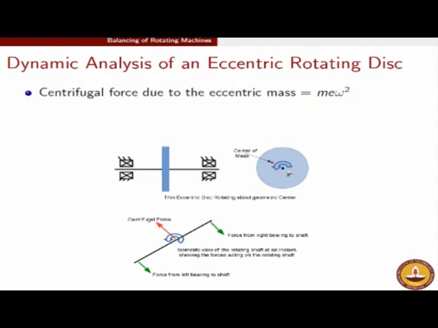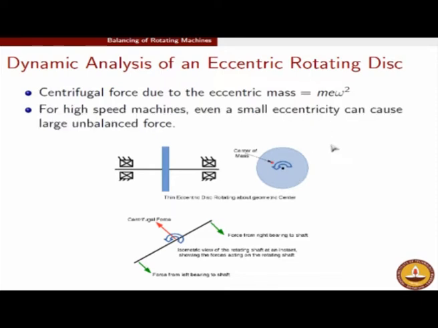So e is the distance between the center of mass and the geometric center. So the centrifugal force, because of this mass which is lumped at the red point, is going to be m e omega square. Remember, as this object is rotating, the red dot over here will keep rotating, and therefore it will cause a centrifugal force of m e omega square.